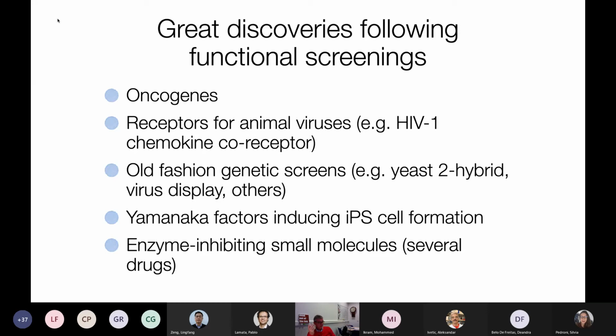And I remember that when the virus was cloned and sequenced in 1983, it was immediately clear that the receptor for the virus was the CD4 receptor on lymphocytes and macrophages, simply because it was a good hint that patients progressing towards AIDS have a progressive diminution of the number of CD4 positive T lymphocytes. So people immediately took cells that don't express the CD4 receptor, like HeLa cells, transfected the CD4 cDNA, and then tried to infect these cells with the virus, and the virus didn't enter.